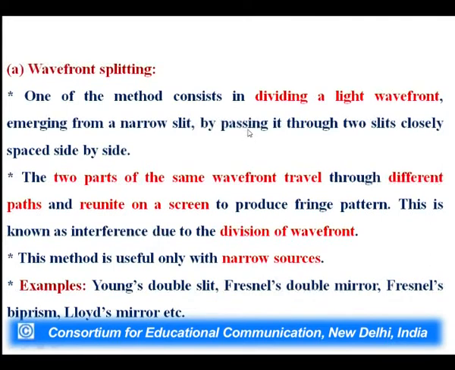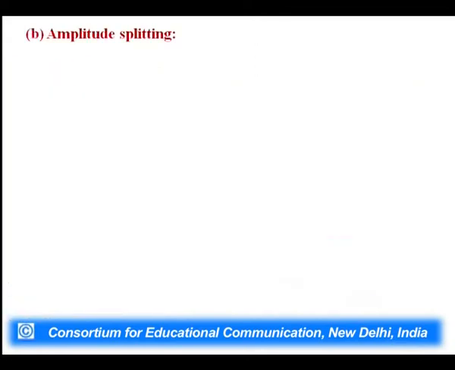These two parts of the same wavefront travel through different paths and then reunite on the screen to produce a fringe pattern. This is known as interference due to division of wavefront. The method is useful only for narrow sources, and examples are Young's double slit experiment, Fresnel double mirrors, Fresnel biprism and Lloyd's mirror, which we already discussed.